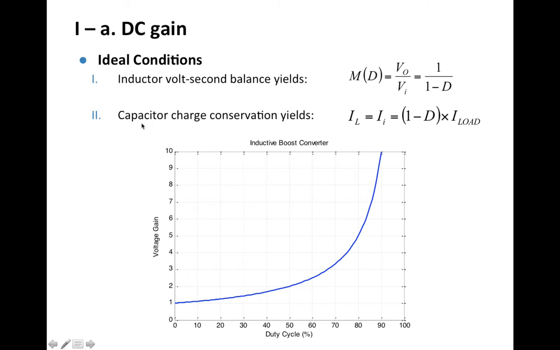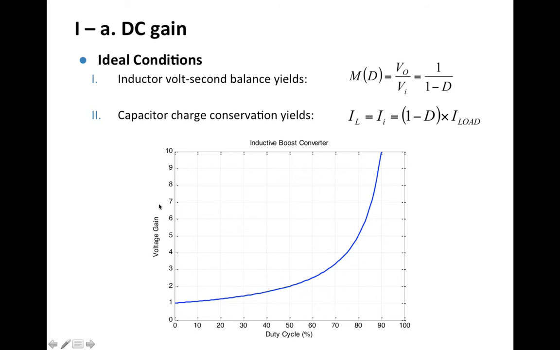Also using capacitor charge balance, we see that the average of the inductor current is basically 1 minus D times the load current. So basically in a boost converter, the input voltage is boosted by this higher than 1 gain ratio, whereas the input current or inductor current is bucked or attenuated by the same ratio.